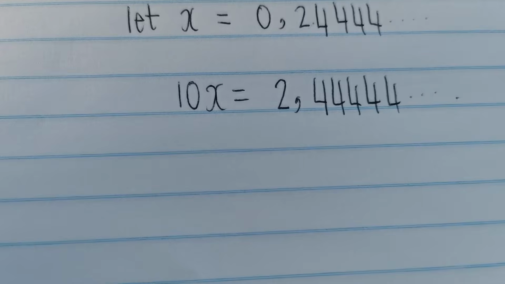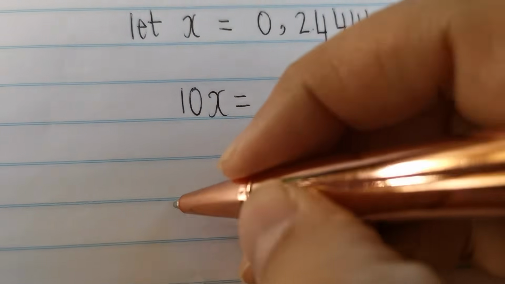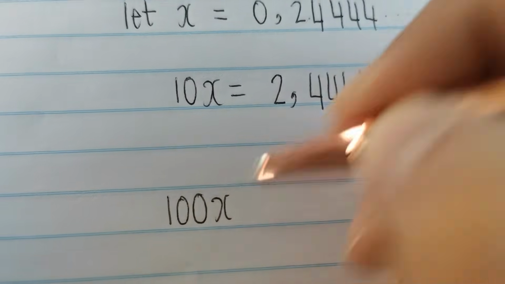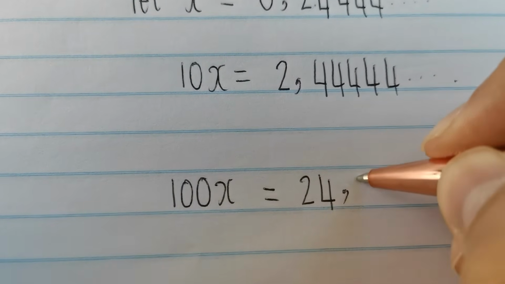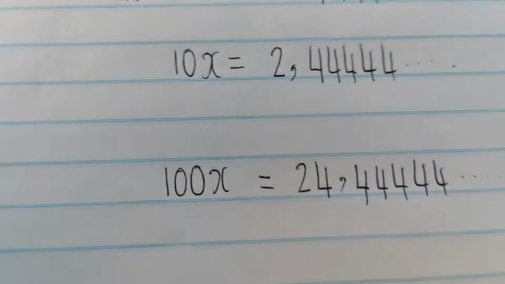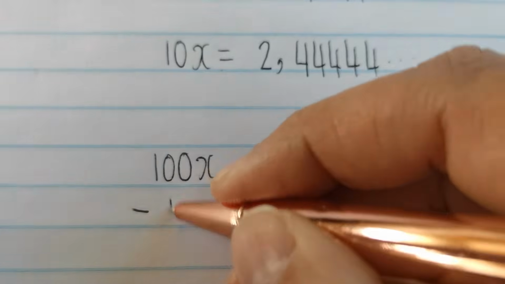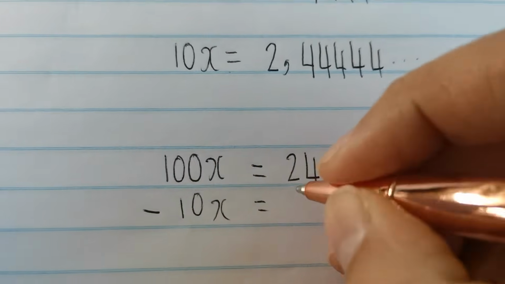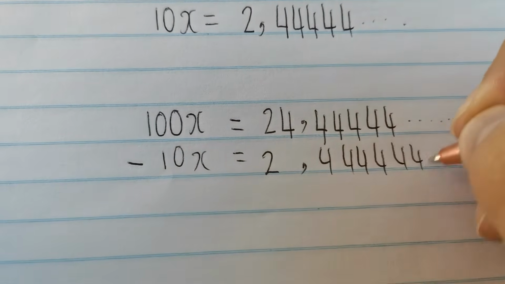Now I want to shift it up one more place so that I have all of those decimals. So I'm going to say 100x, because I'm adding one more 0, equals 24,4,4,4,4,4, minus this 10x equals 2,4,4,4,4,4.